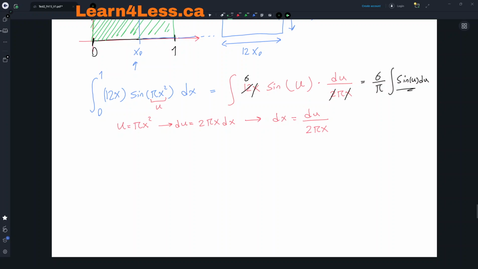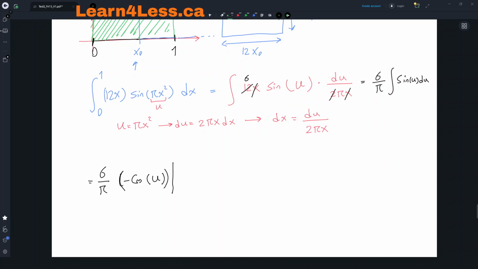And taking the integral of sine of u, the integral would be negative cos of u. So the integral would be 6 over pi negative cos of u. Make sure that I cannot just use 0 and 1 here because these 0 and 1 are for the x variable.